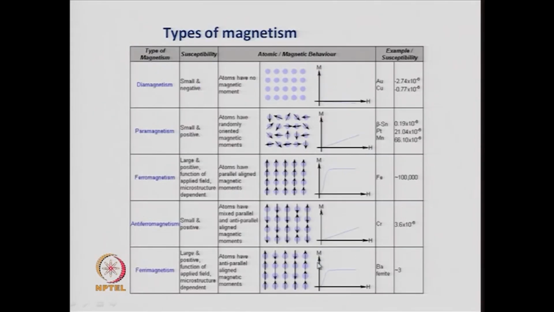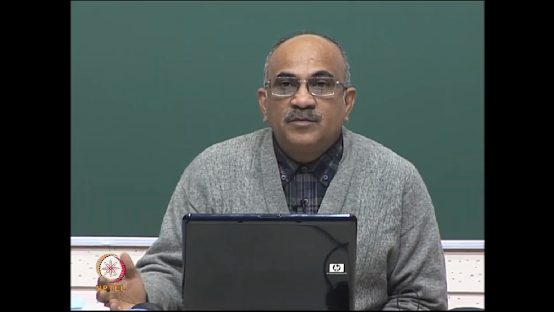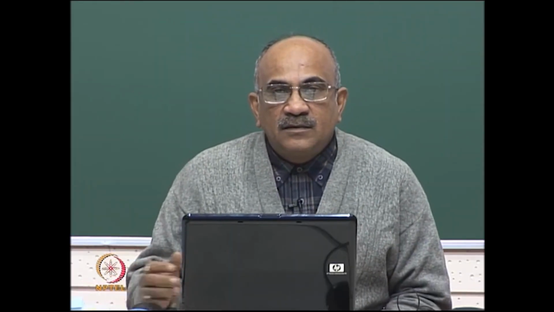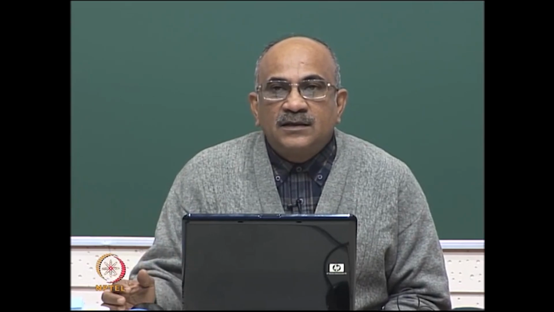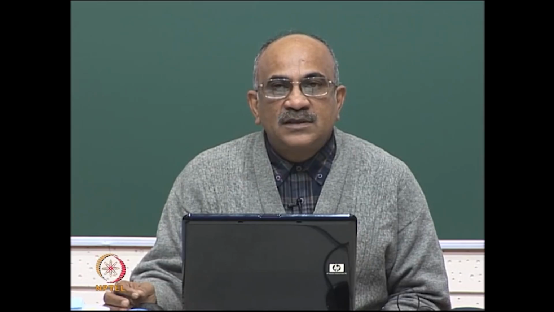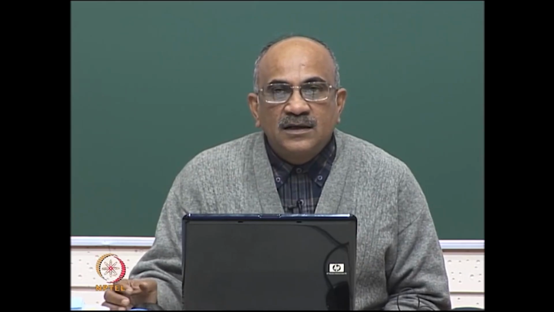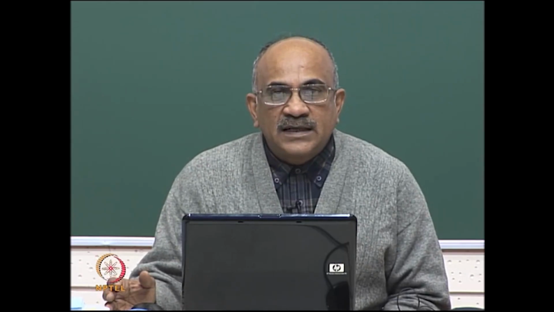Now, considering different types of magnetism, when you have a solid and you have magnetic dipoles, these dipoles can be arranged in a solid in a particular manner, or they can be in total disorder. Depending on the type of arrangement of these magnetic dipoles, or whether they are disordered, you will get some net magnetization.